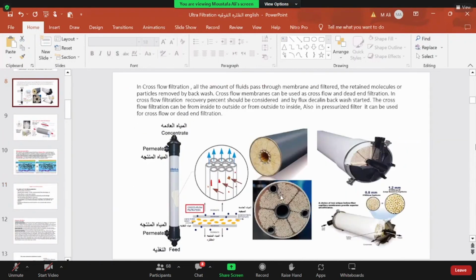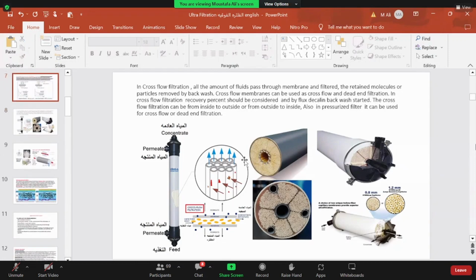How is it fixed inside the pressure vessel? We have the hollow fiber tubes. We can see a resin around them, mounted from the cap side at both ends, and we have the hollow fibers in between. This is the final shape of the membrane module.